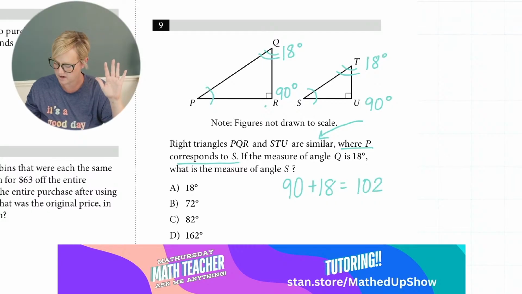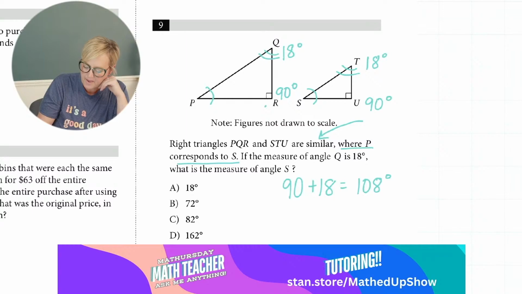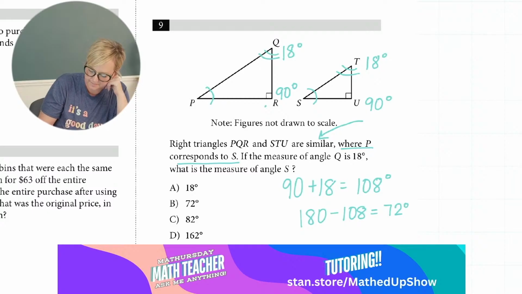No, what am I talking about? It's not going to be 102. 108. Okay. And then we do 180 minus 108. All right, and we get 72 degrees. So the answer is B.